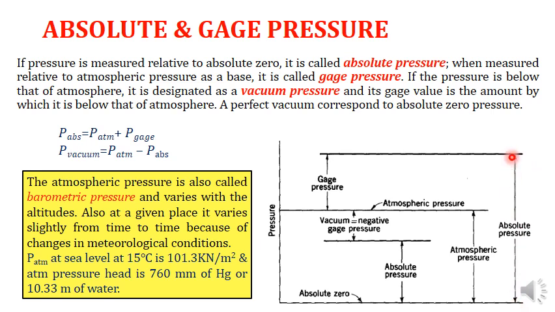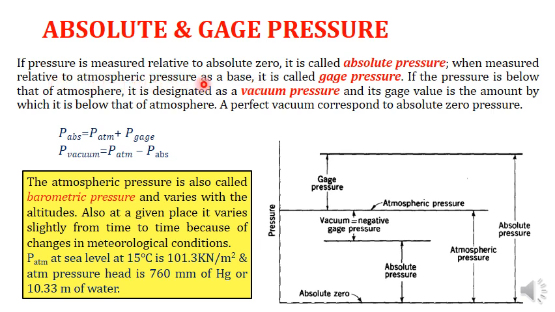The datum point for your fluid under consideration is the absolute zero, not the atmospheric pressure or any other pressure. If the absolute zero is the datum point, and with reference to this you are calculating the pressure of the fluid, then the pressure you have measured is called absolute pressure.